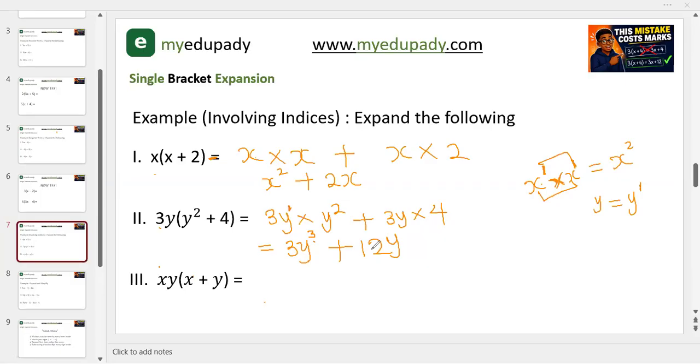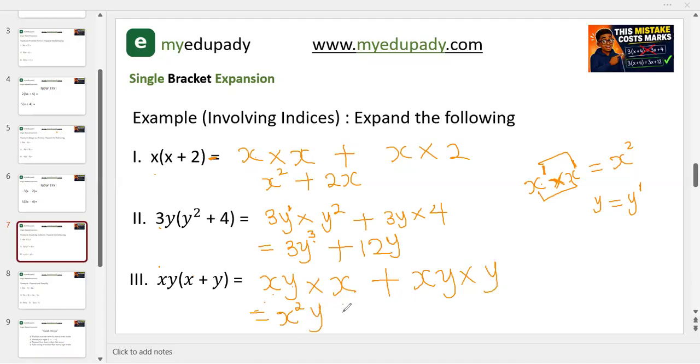All right, so let's look at the last example together. We have xy into bracket x plus y. So we do xy times x plus xy times y. Since we have xy times x, we do the one with x first. x multiplied by x is x raised to power 1 times x raised to power 1, which, by what we explained earlier, becomes x squared, and you just put your y, because you are multiplying.